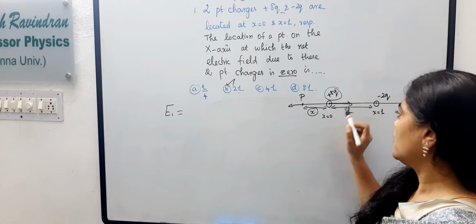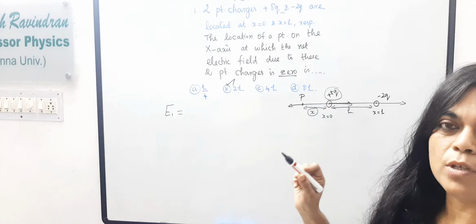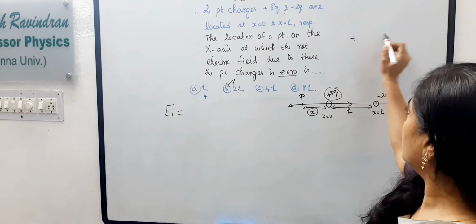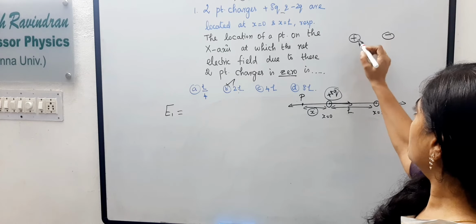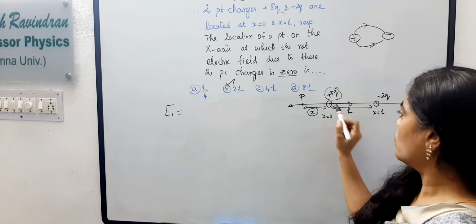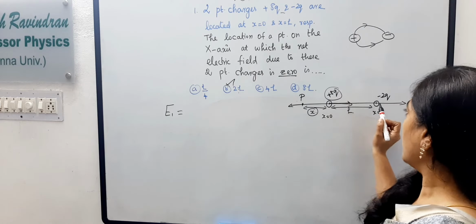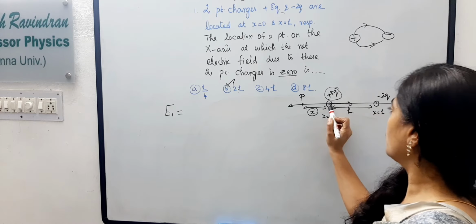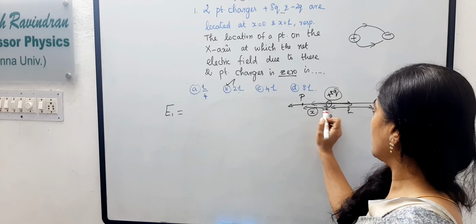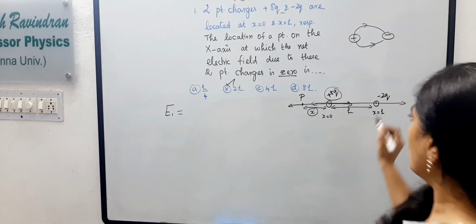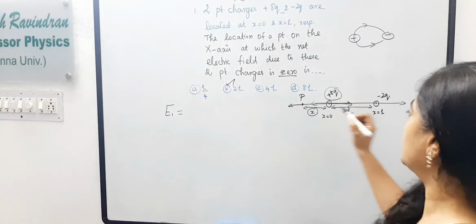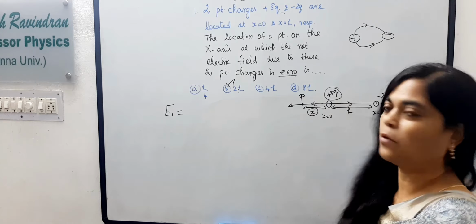We know that the electric field lines flow from positive to negative. So, it will be outwards. And due to the minus 2q, towards the point P, it will be inwards. So, this minus 2q will act like plus 2q, as its direction is inwards towards the point P.